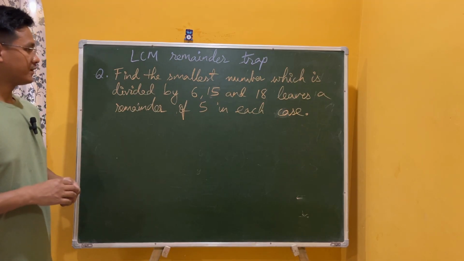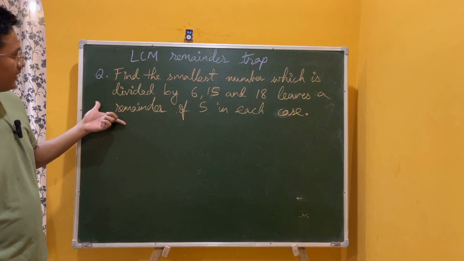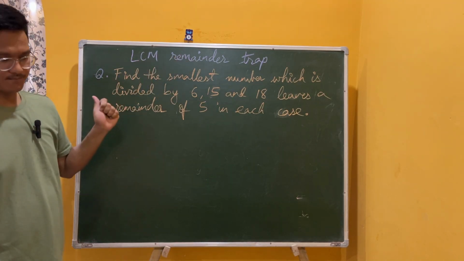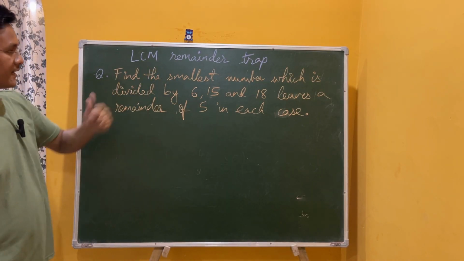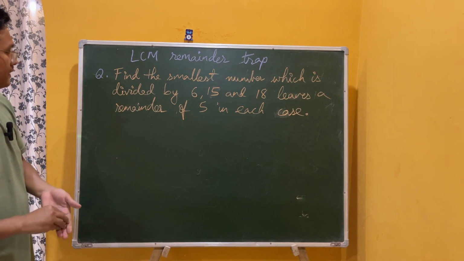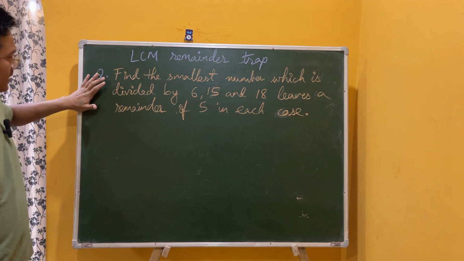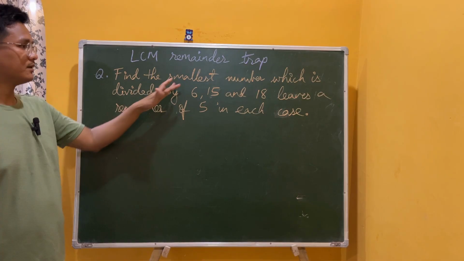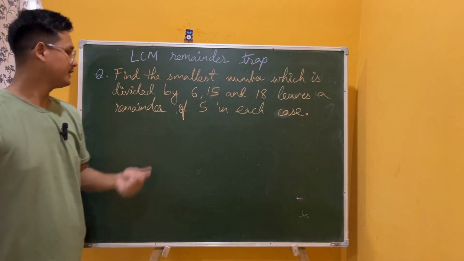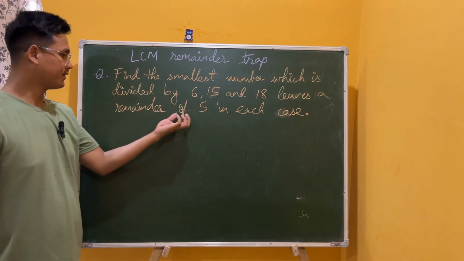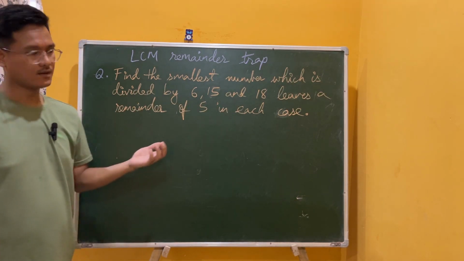Okay, let us look at this question, and I've given the heading LCM remainder trap. Just like what we did for HCF remainder trap. Similar to that, the question says find the smallest number which, when divided by 6, 15 and 18, leaves a remainder of 5 in each case.